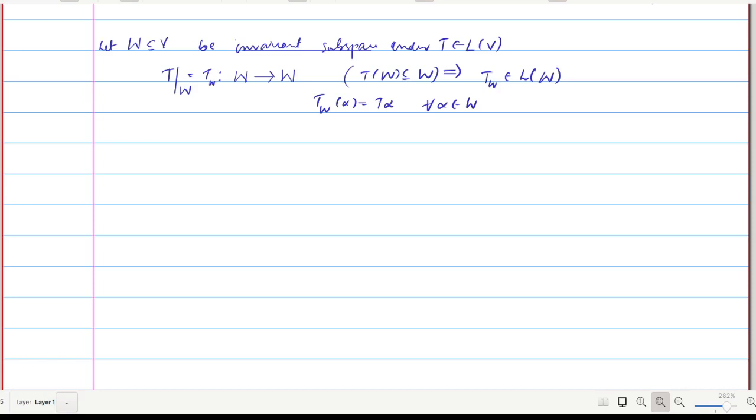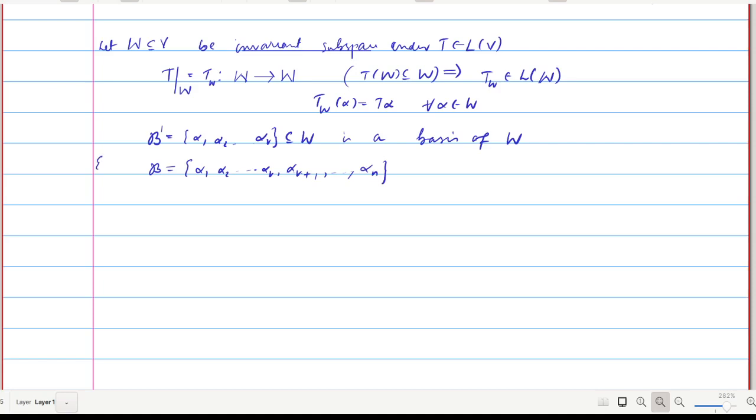So we start with a basis B prime, alpha 1, alpha 2, etc., alpha R, a basis of W. Then this is linearly independent. Anyway, this can be extended to a basis of V as well. So we extend these elements alpha 1, alpha 2, etc., alpha R, alpha R plus 1, up to alpha N.